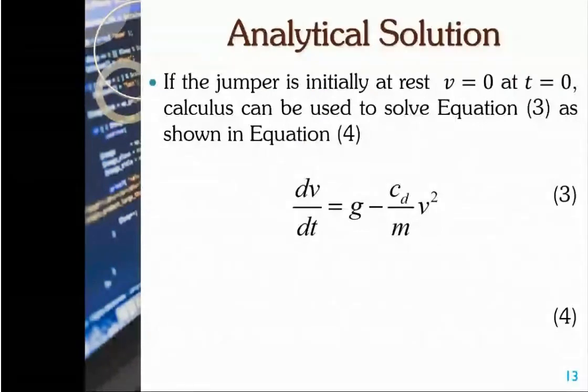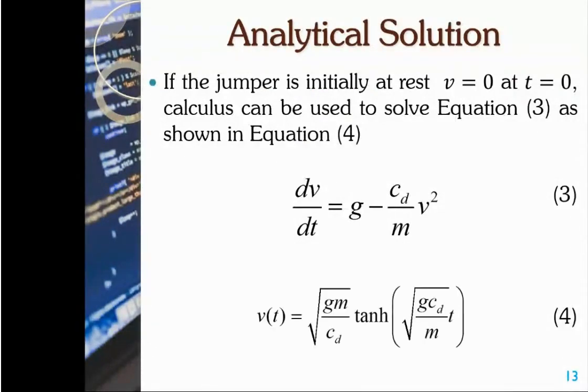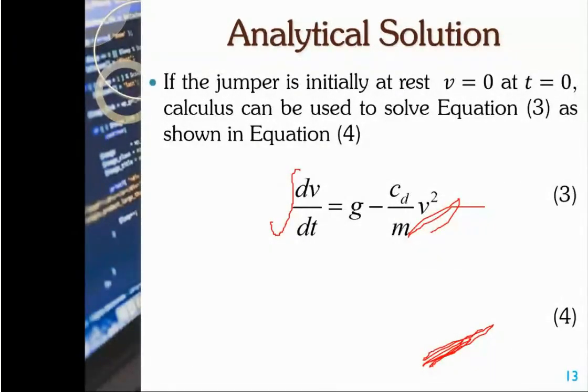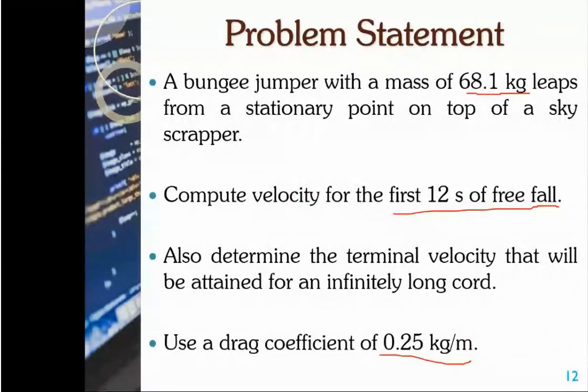Okay, so in going through the integration, which is going to take a lot of work for you to achieve, we are going to arrive at this equation 4. So after integrating this equation 3 that we have here, we are going to get equation 4, which will be an equation relating only the velocity to the other parameters of the jumper. Okay, so let's take a real example where we had values for that, for a jumper, let's say a given problem.